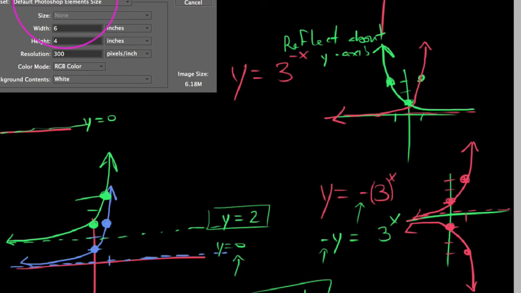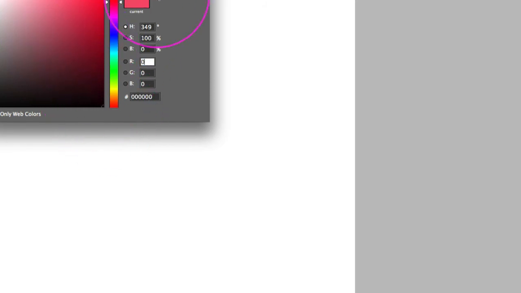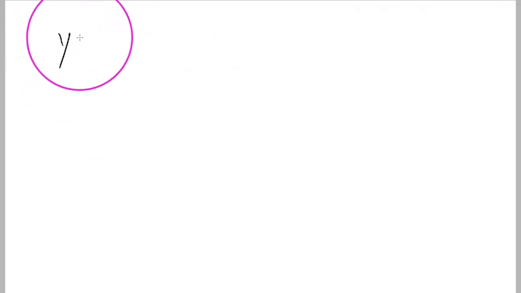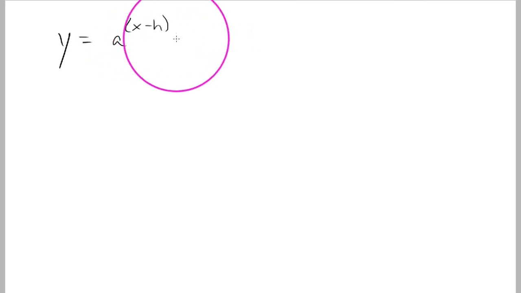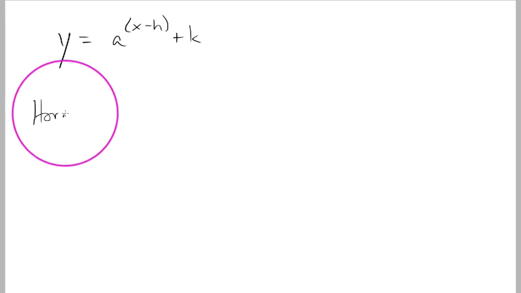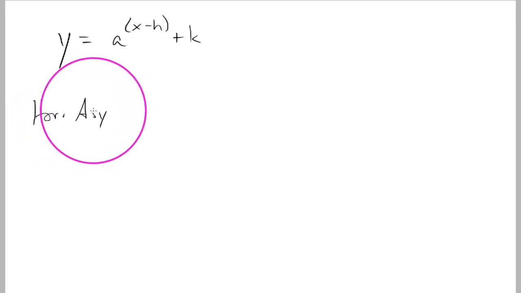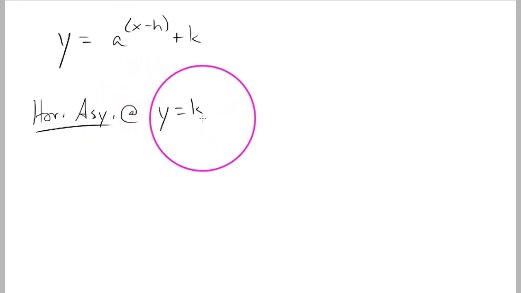Okay. So essentially, all of these graphs. Why don't we start just one more quick canvas here, and I'll pick a black color, and we'll fill in a few things. Why don't you write this down if you're taking notes? We say all exponential graphs look somewhat like this, where we'd say horizontal asymptote at y equals k.